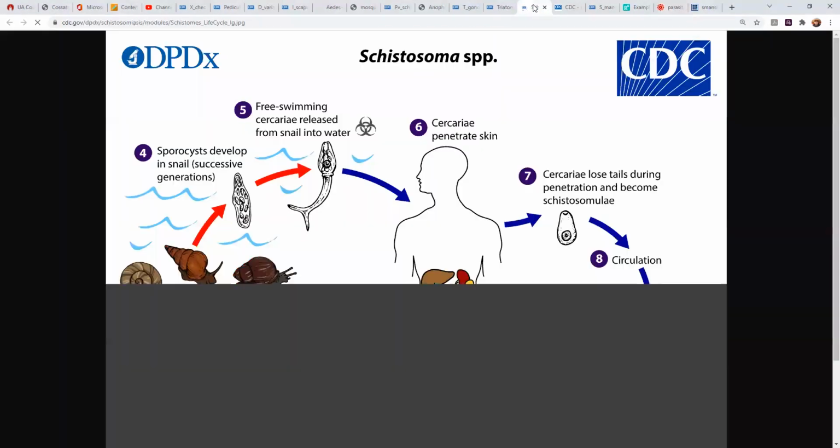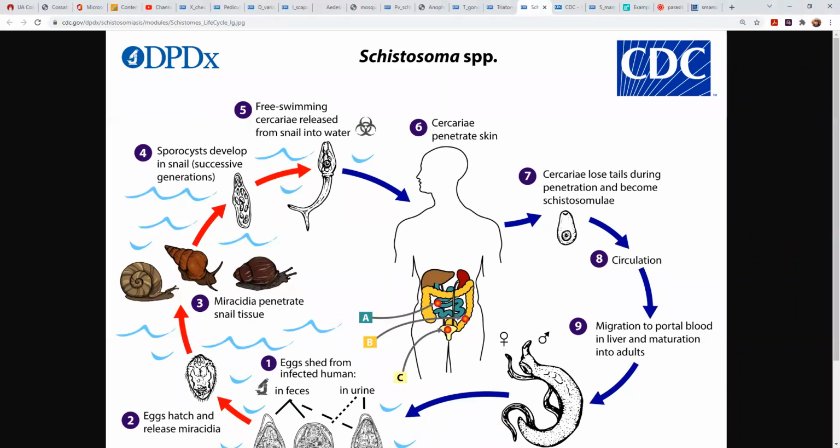If I go back to the life cycle, you can see here that the eggs hatch and release Miracidia. The Miracidia then are going to infect the snail. And after they infect the snail, we're going to get the sporocyst form.